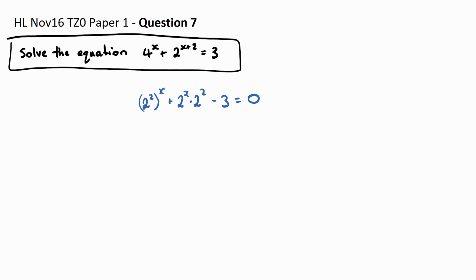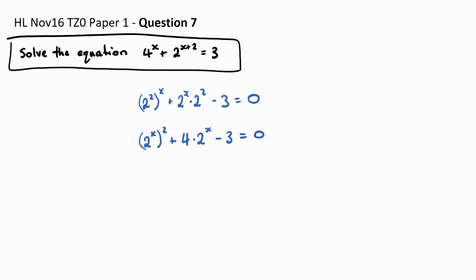If I have a power to a power, I know I can multiply the powers, but I can also write this as 2 to the x all squared as well. It doesn't really matter which power I make it. So I'm going to make this 2 to the x squared, which is the same, of course, plus I'm going to write 2 to the power of 2 as 4 times 2 to the x minus 3 equals 0.